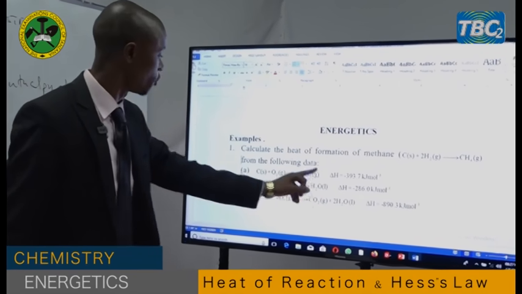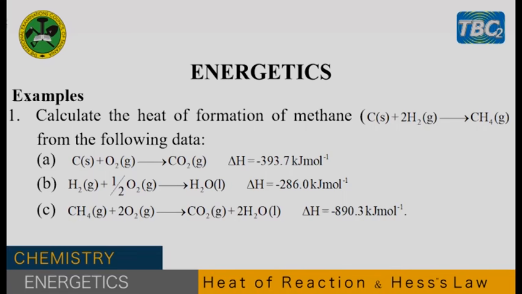The enthalpy change for this reaction is negative 393.7 kilojoules per mole. The second one: hydrogen gas burnt in oxygen to give water liquid. The enthalpy change for this reaction is negative 286.0 kilojoules per mole. The third one: methane burnt in oxygen to give carbon dioxide gas and water, and the enthalpy change is negative 890.3 kilojoules per mole. This is the question.